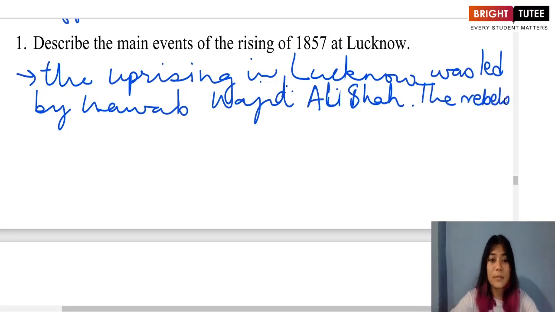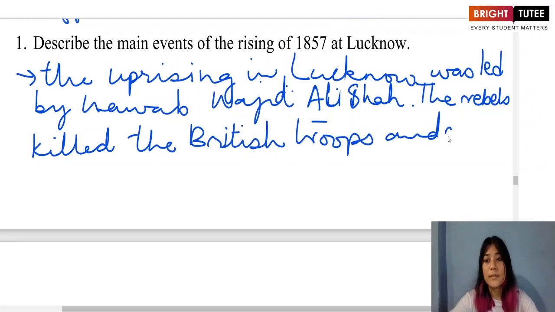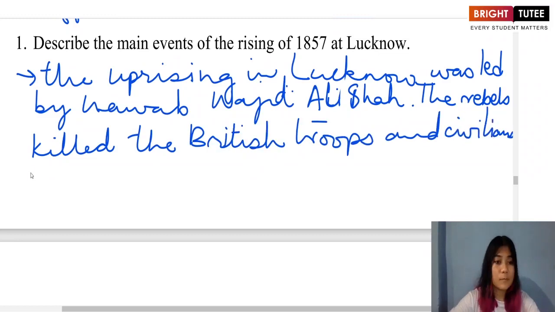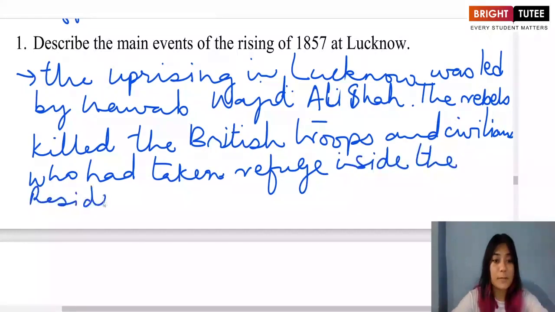The rebels killed the British troops and civilians who had taken refuge inside the residency.